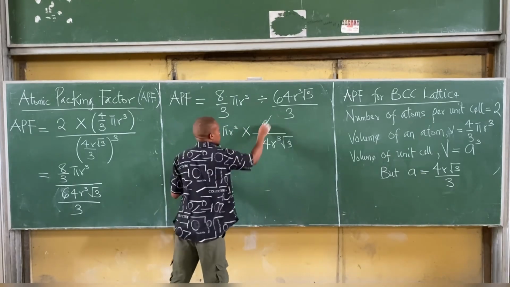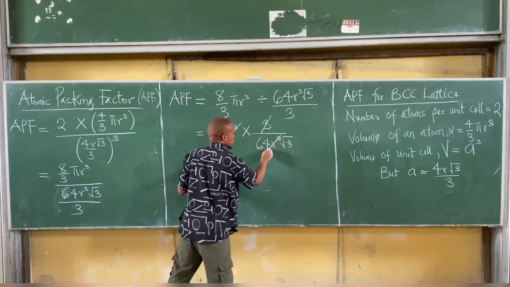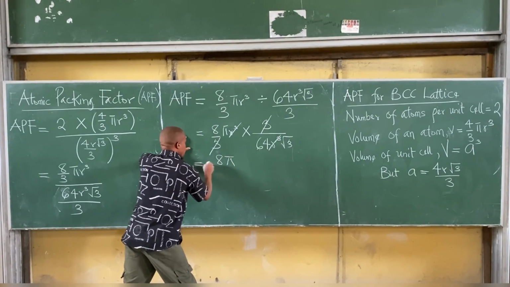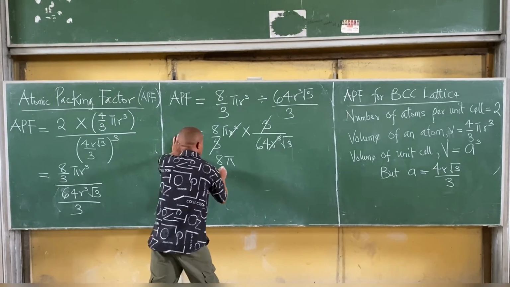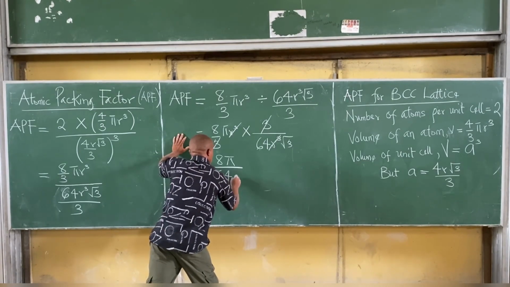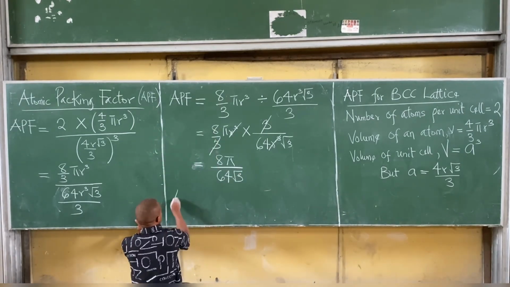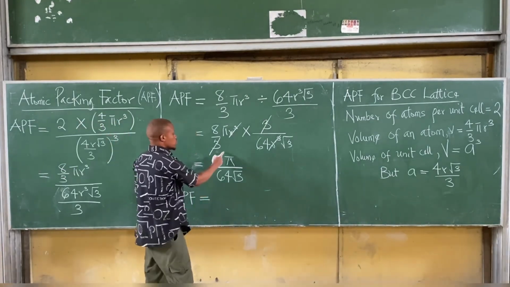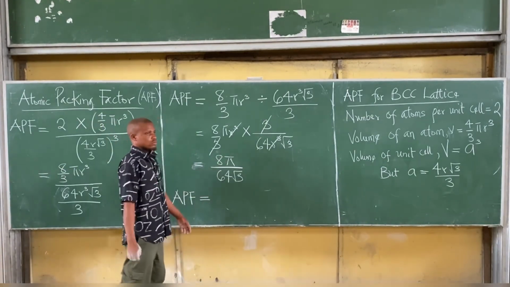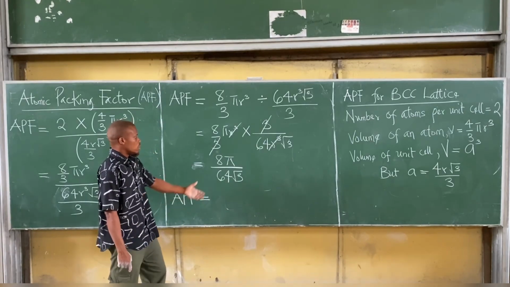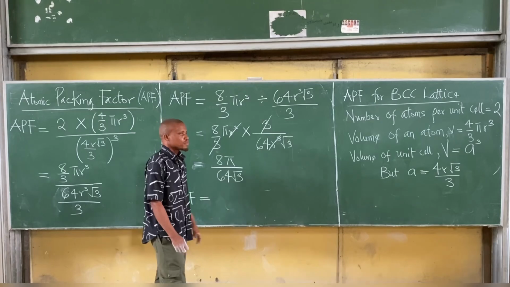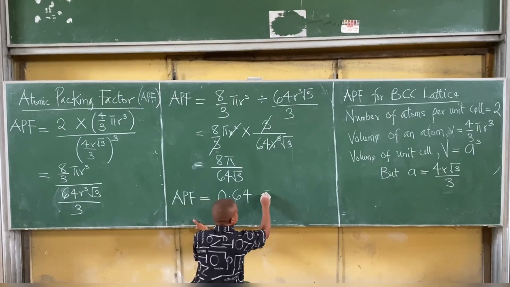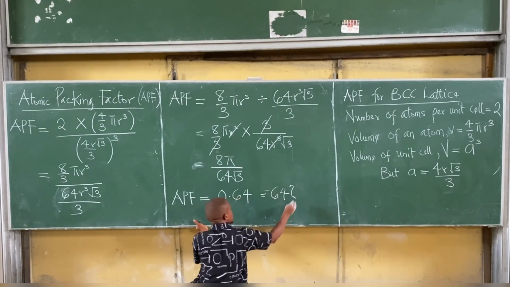Let's cancel out, and I have that my APF is 8 pi over 64 root 3 times 3, which after simplifying and multiplying gives us 0.68, or 68%.